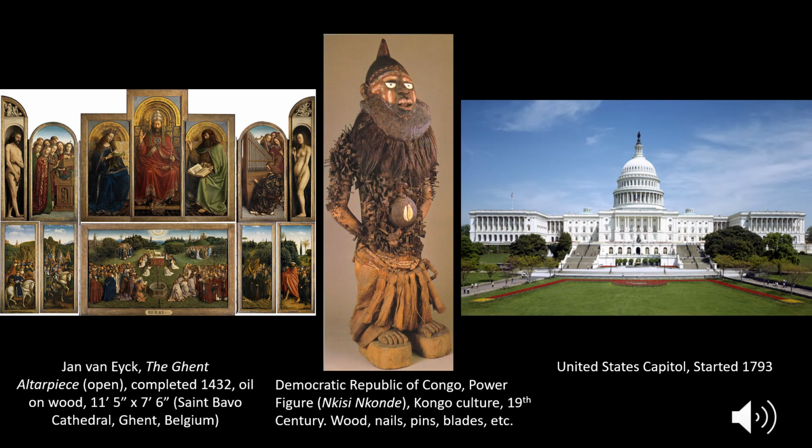In terms of materials, this class will look primarily at sculpture and painting and architecture, the traditional categories of art. These have long been the media and materials that art history has been most concerned with.